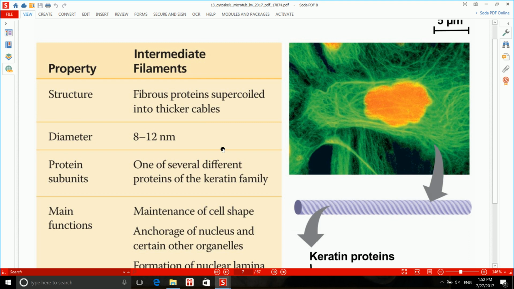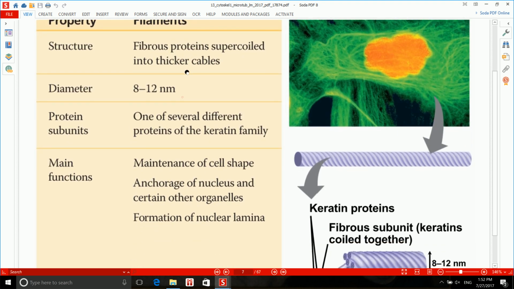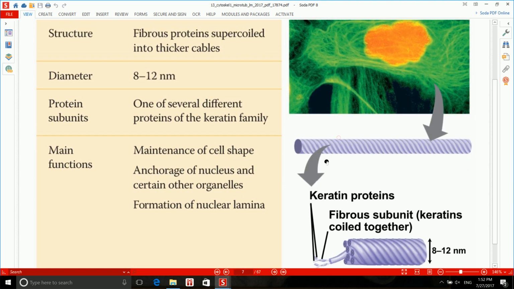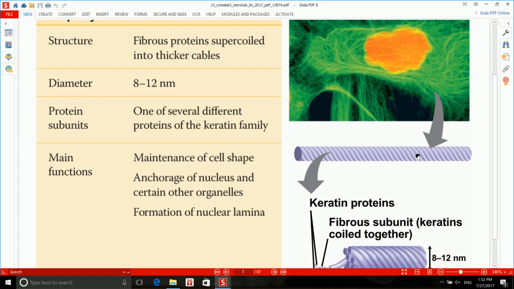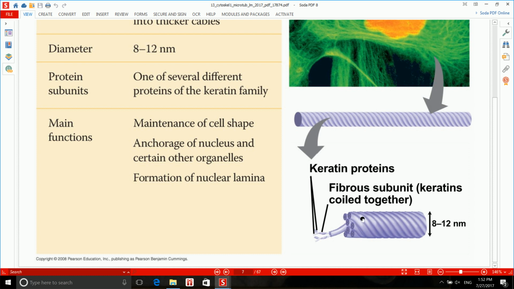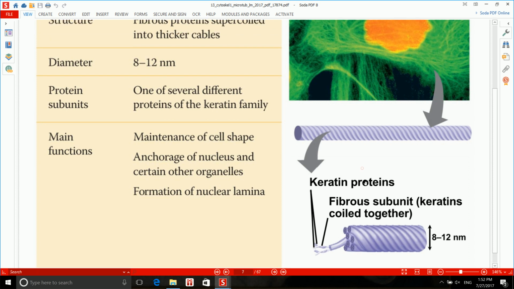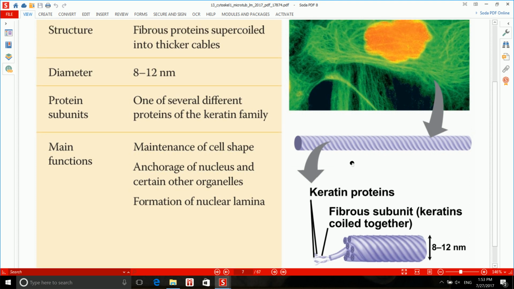Now, details about intermediate filaments. They are fibrous. That is one structural prominence of these filaments that you need to know. They are fibrous proteins supercoiled around each other. So they're not two or three. There are a lot of these fibrous proteins coiled or supercoiled into thicker cables.